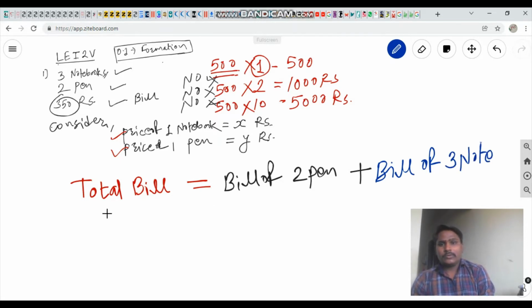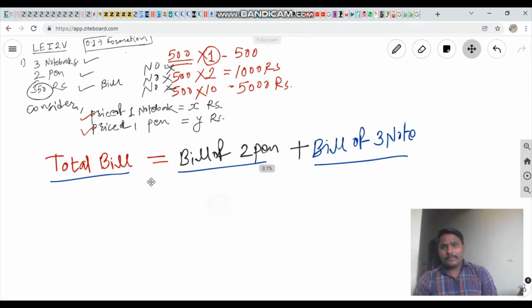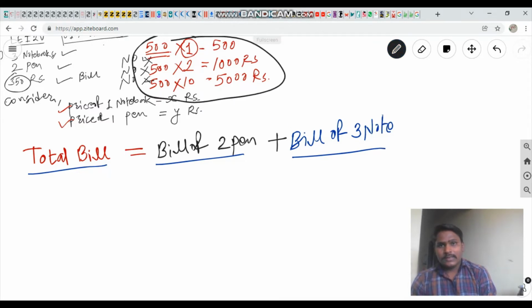So this thing we have to remember: this is our total bill. The total bill is divided into two parts, the bill of 2 pens and the bill of 3 notebooks, right? Now we know that the price for one item, how are we finding this? By multiplying the number of items by the price of that item.